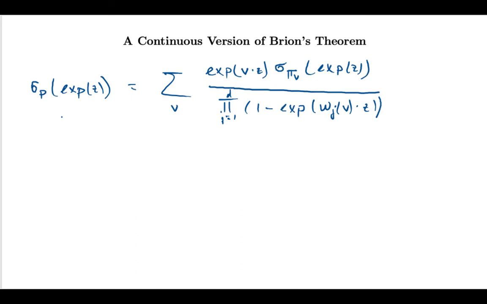Now, to get integrals out of this, we know that we'll have to replace this sum over here. So after all, this is an exponential sum. We'll have to sum this over all integer points in P. But now what we'll do is we'll rescale the integer lattice by a factor of n.